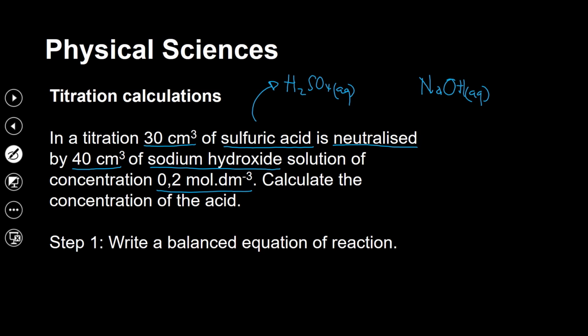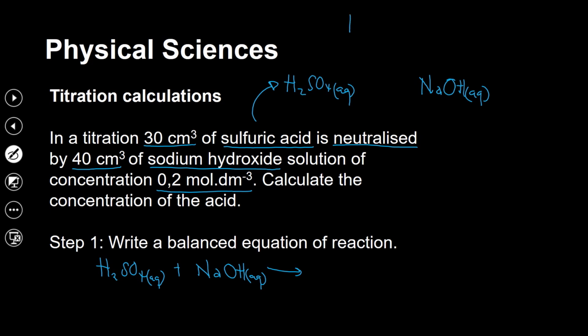So it's an acid-base reaction. What do we have? We've got sulfuric acid, which is H2SO4, plus the base, which is sodium hydroxide, NaOH. This gives us a salt. Our salt will be sodium sulfate, right?